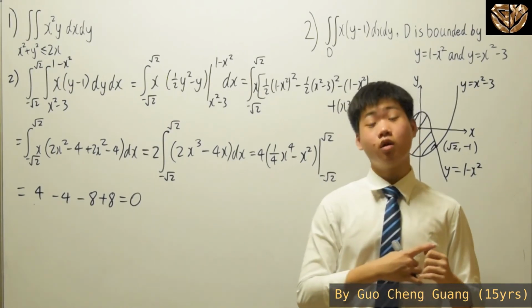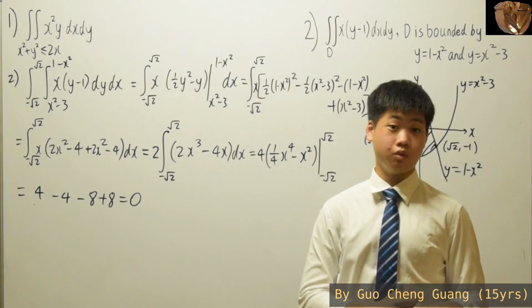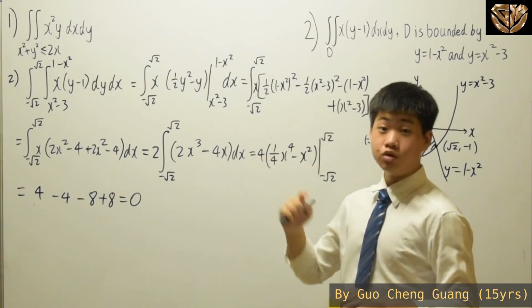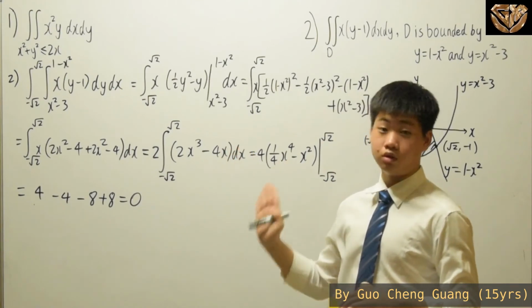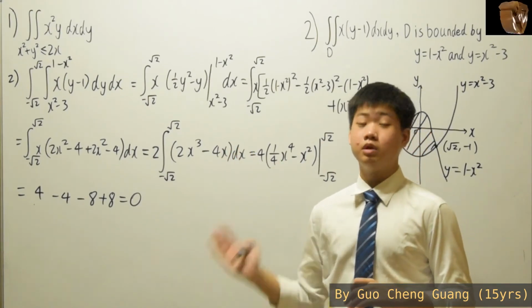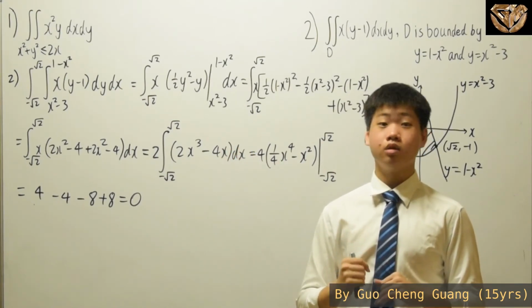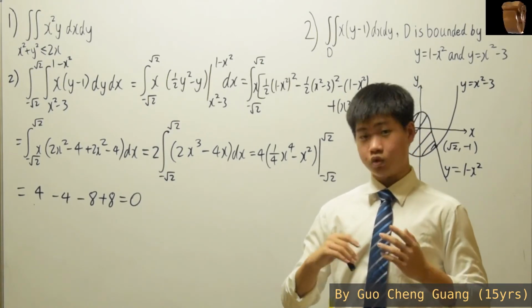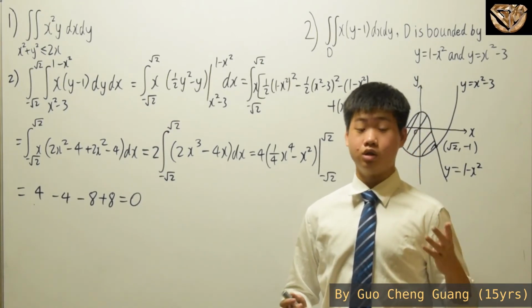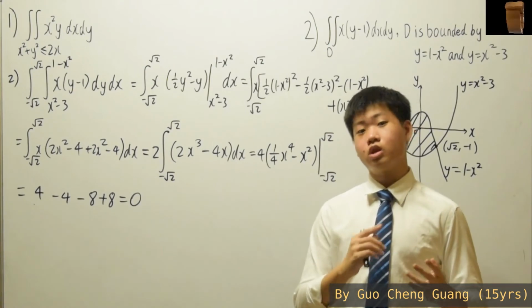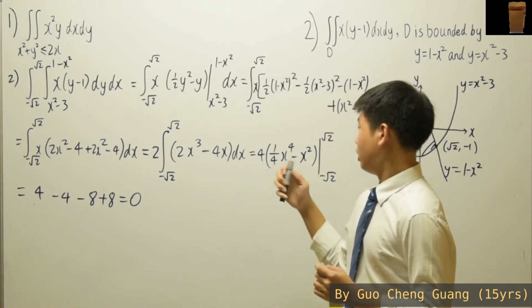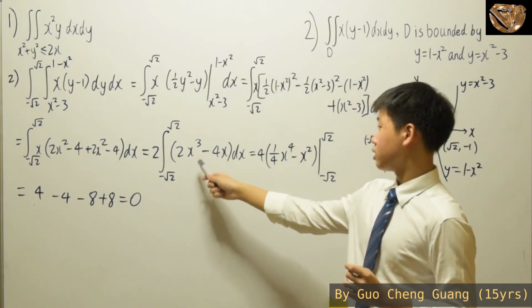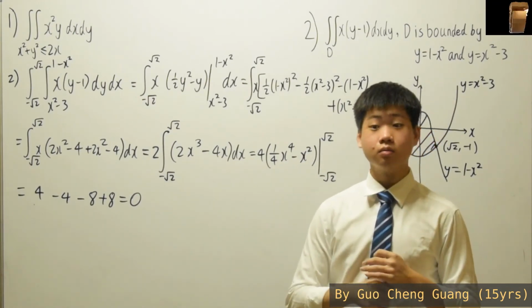Of course, the most obvious similarity you probably see is the boundaries are all symmetrical. This one is from negative square root 2 to square root 2, and the previous one you have negative half pi to half pi. So what if their boundaries are symmetrical? Then you have to take a look at what kind of integrand you have. Within this integrand, in this case you have 2x cubed minus 4x.